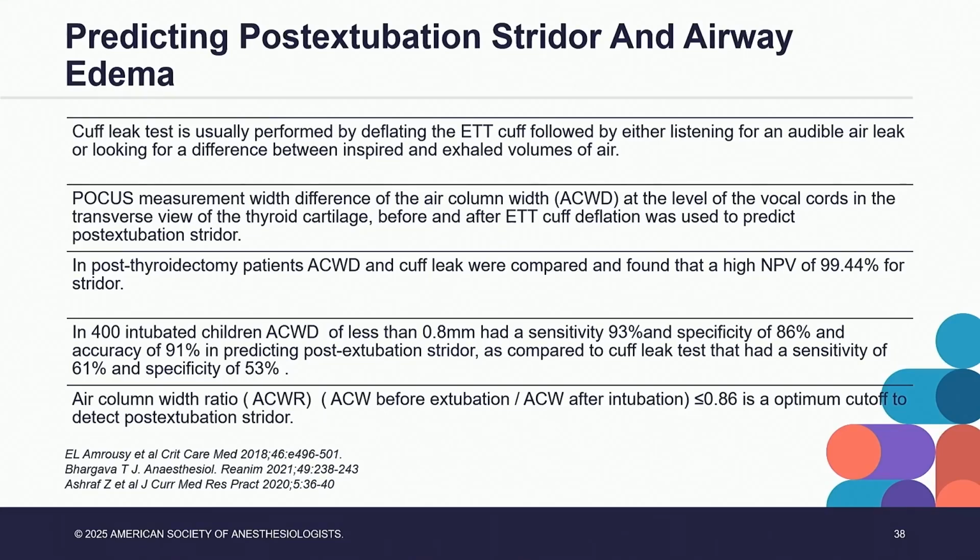In 400 intubated children, an ACWD of less than 0.8 millimeter had a sensitivity of 93%, specificity of 86%, and accuracy of 91% for predicting post-extubation stridor, as compared to the cuff leak test that had a sensitivity of only 61 and specificity of 53. An air column width ratio before and after deflation of less than 0.86 is the optimum cutoff to detect post-extubation stridor.